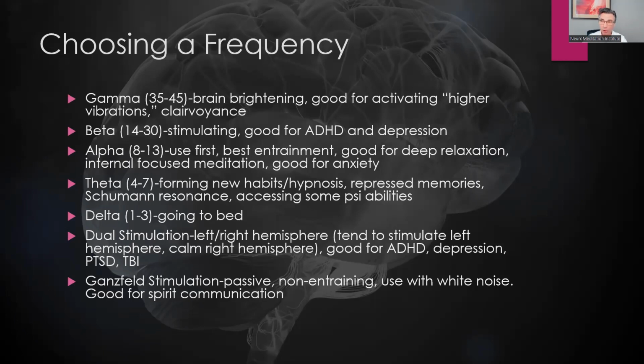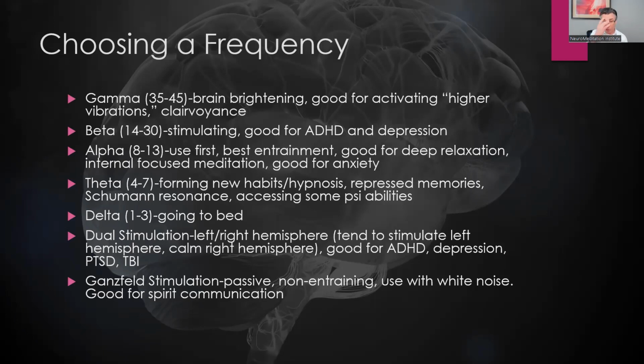Now it says 14 to 30 on here, and you could do that, but usually we're just going 14 to 20 for this approach. If we go too much faster than that, sometimes it makes people feel a little anxious, and we certainly don't want that. Like I mentioned, that frequency can also be good for that brain brightening idea as well.